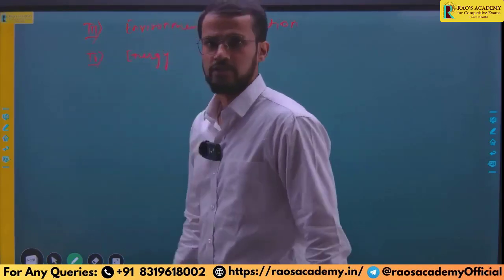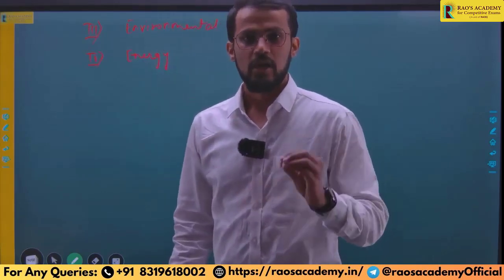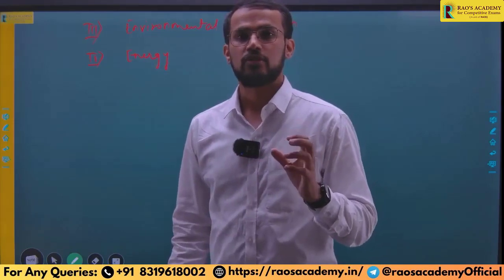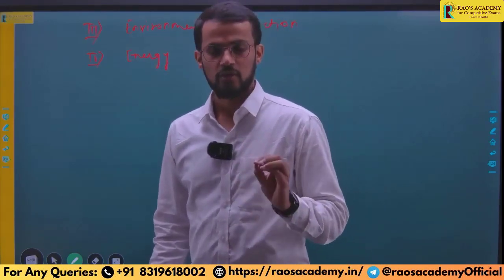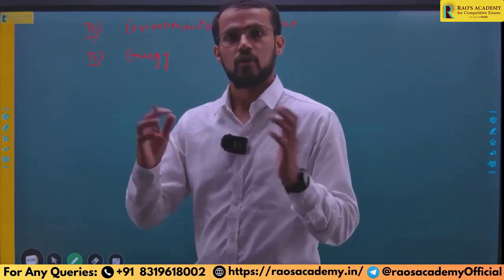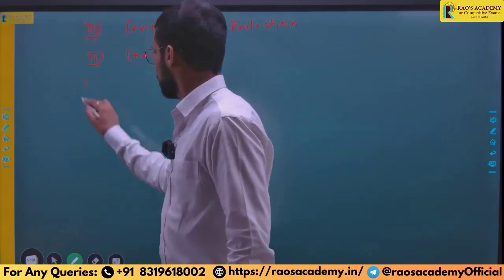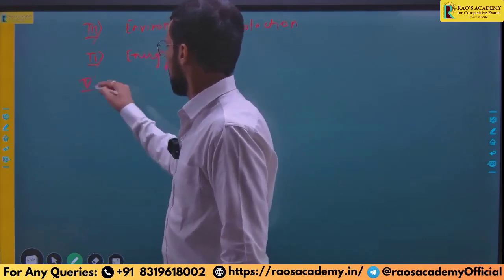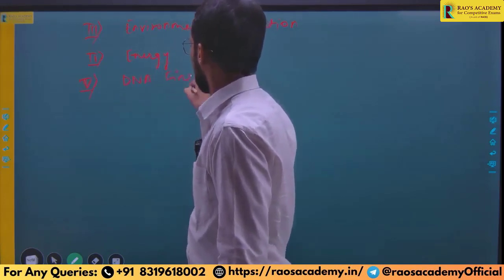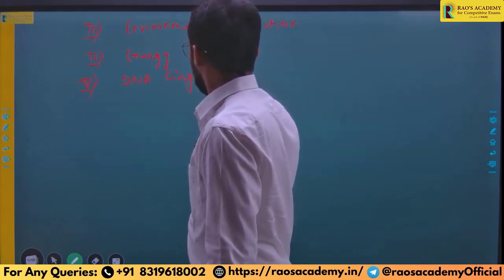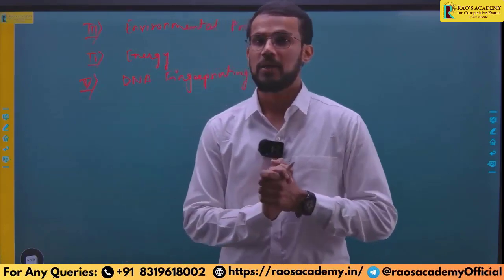And this question was asked by UPSC in the 2023 mains examination: use of microorganisms for the production of fuel in the context of today's scenario, in the context of the current scenario. That means in the context of climate change, right? Then the next application is DNA fingerprinting. Fine, so these are some of the important applications of biotechnology.